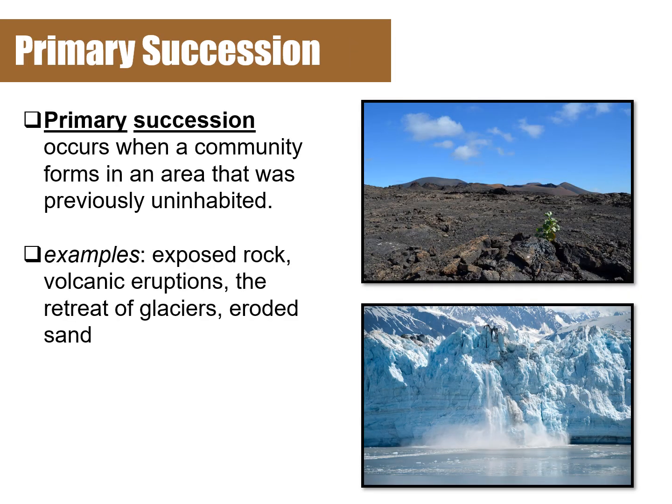Definitely recommend. But primary succession occurs when a community forms in an area that was previously uninhabited, meaning there was no life there, it was completely barren, and now we have the start of organisms moving into that place. So this could be exposed rock from volcanic eruptions, it could be glaciers retreating, it could be sand that's been eroded.